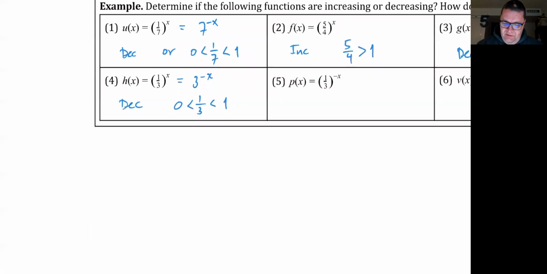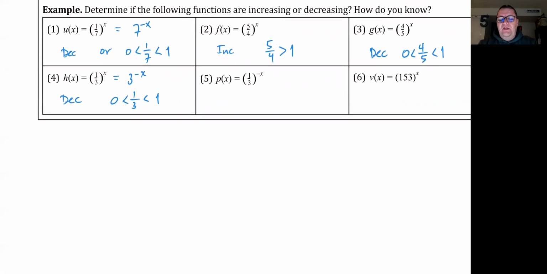Now this one, gotta be careful, because if you just look at the negative power, you might say, ooh, decreasing. If you just look at the base, 1/3, which is between 0 and 1, you might also say decreasing. However, if we think about 1/3 as being 3 to the negative 1, and then we have a power of negative x, well, this actually becomes 3 to the positive x.